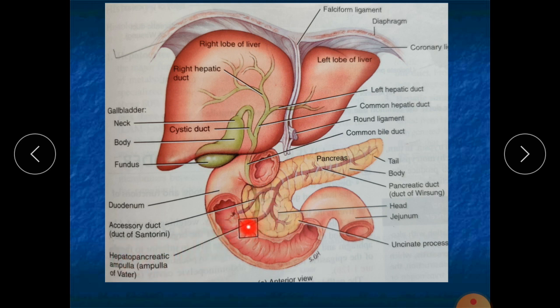It is also called the pancreatic ampulla, and this ampulla is responsible for combinedly secreting both the secretions from the gallbladder and liver, and also secretions from the pancreas. So they are releasing their secretions.